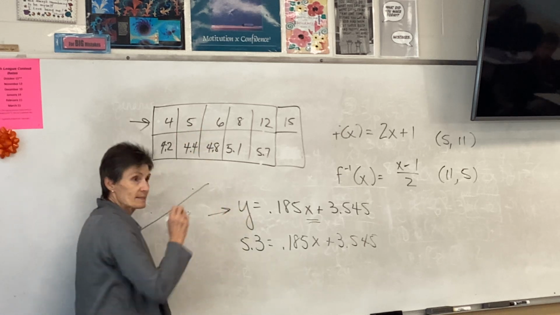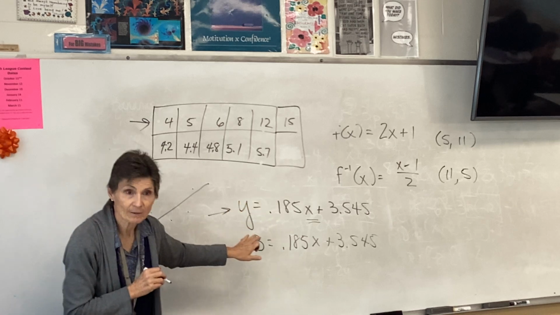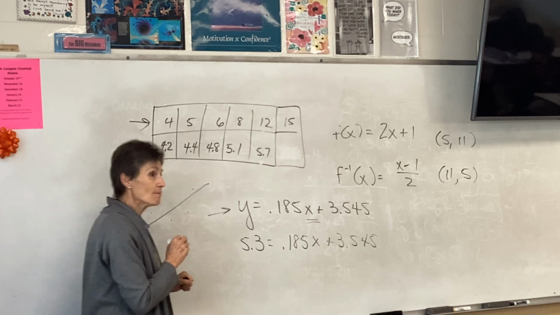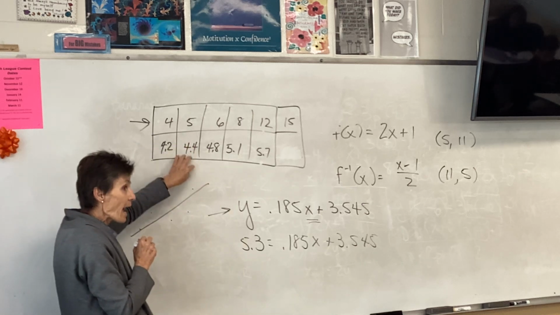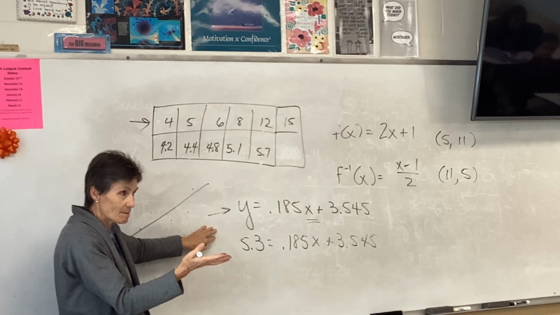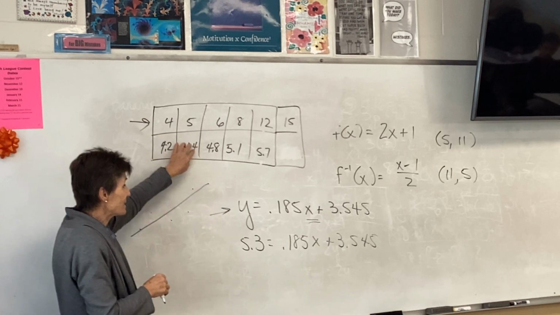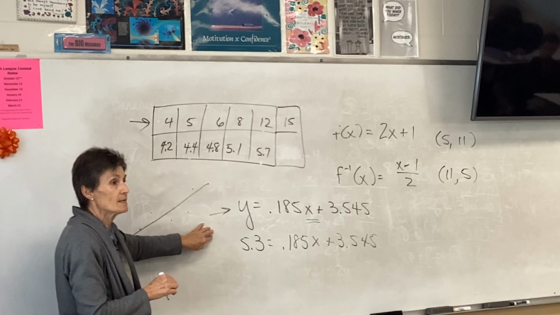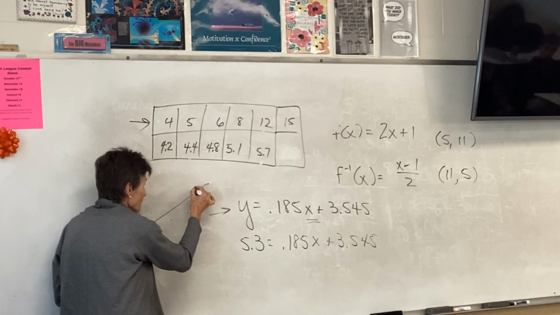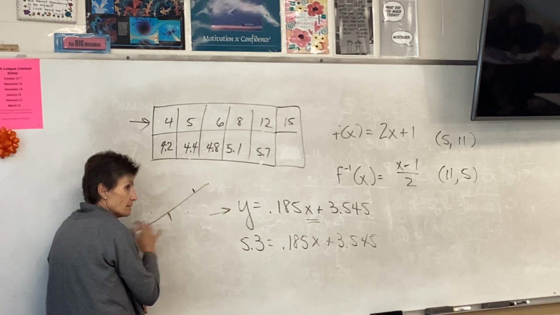These are going to be approximations based on our model. The difference between the actual data point and the approximation, the model gives you an approximation. The difference between those two is called the residual. So for example, this would be a residual. This is a residual, that difference.